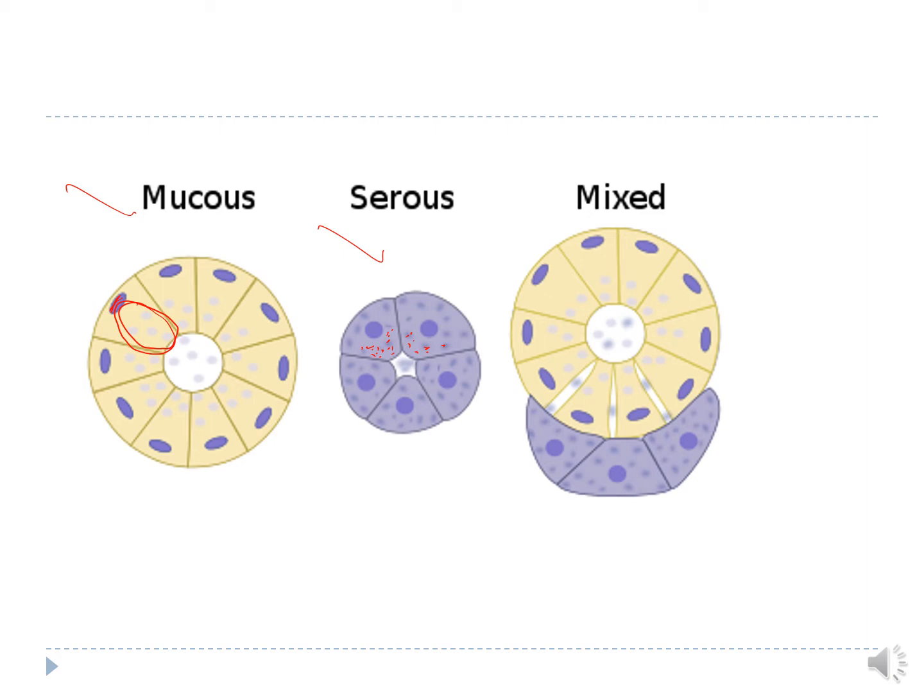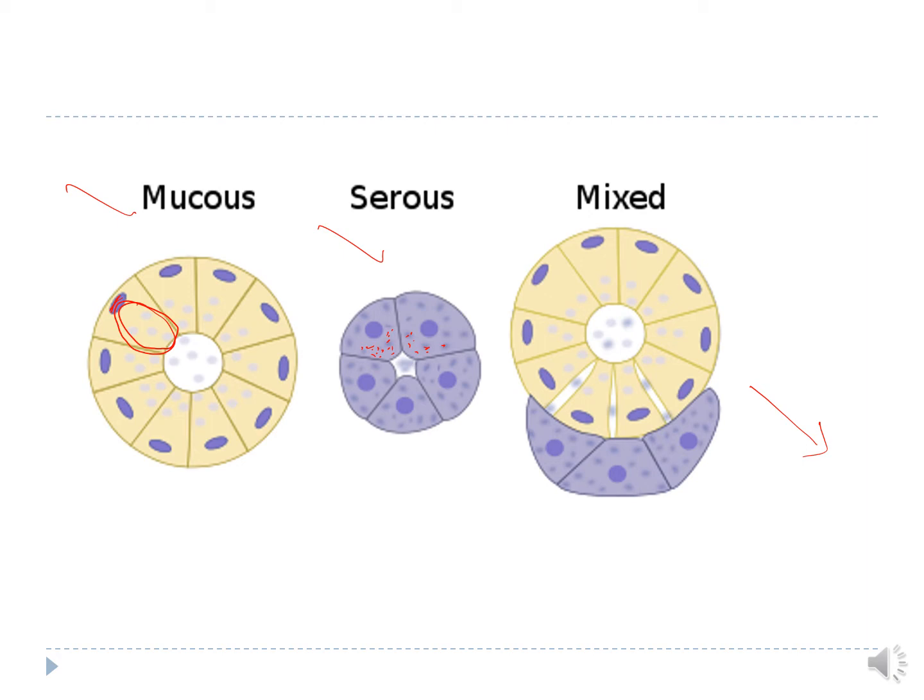Now, another term for the secretory part in the salivary glands is the serous demilunes. What are serous demilunes? These are serous cells capped on the mucus acini.